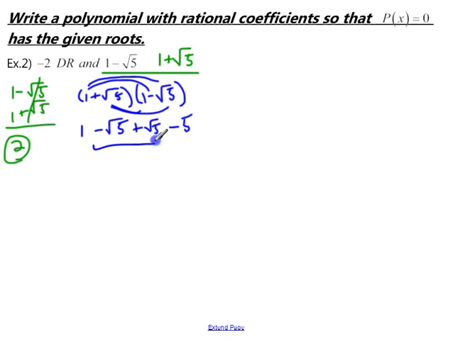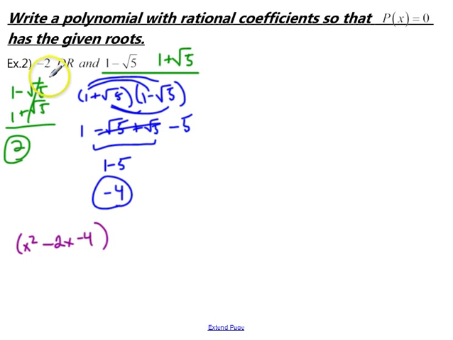And then the middle terms will cancel out, so we have 1 minus 5, which gives us negative 4. And then we want to write that factor, x squared minus 2x minus 4.